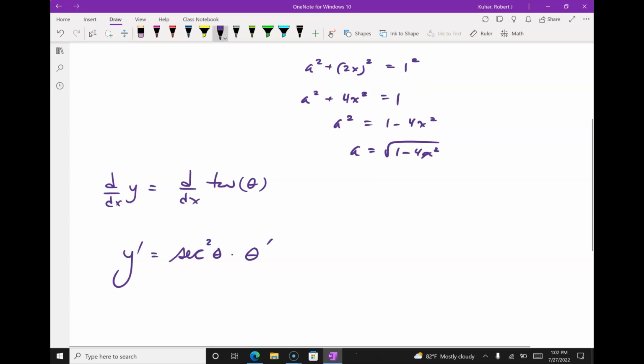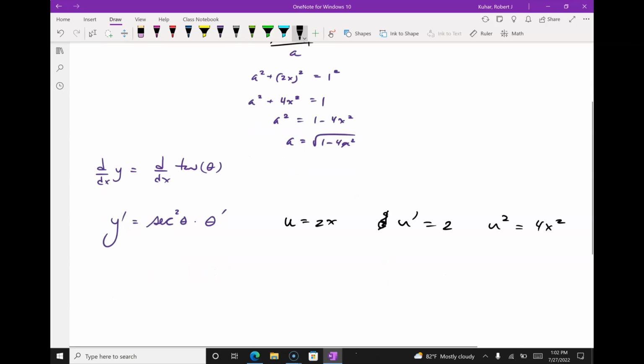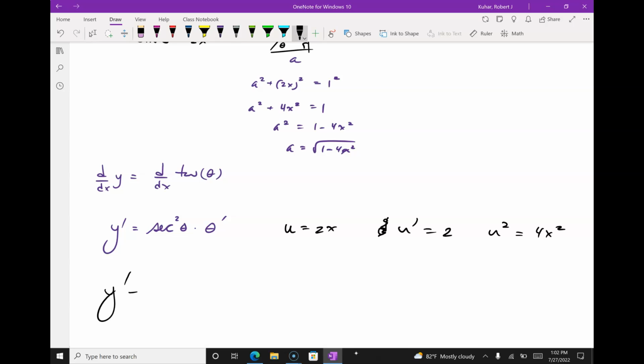What do we need to do a derivative of an arc sine? We need a u, a u prime, and a u squared. So I get u prime, that's 2 over square root of 1 minus 4x squared.